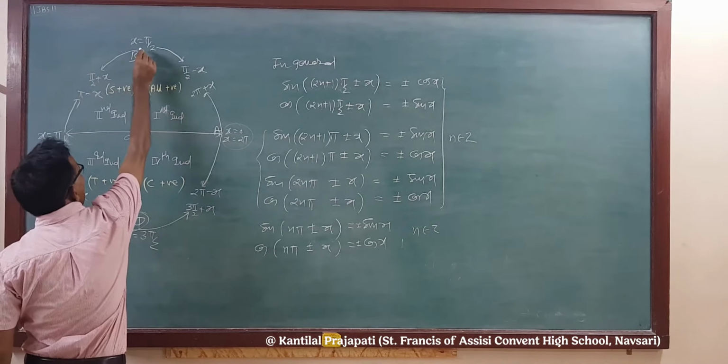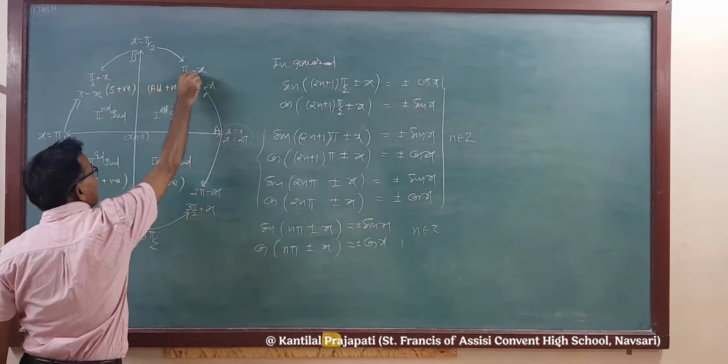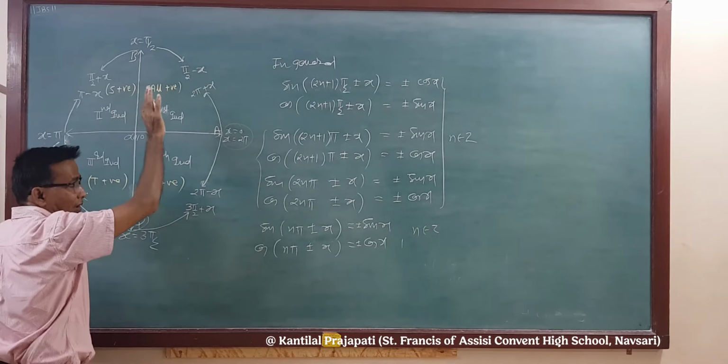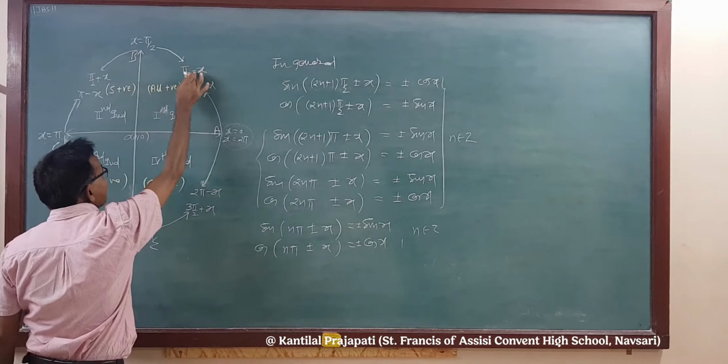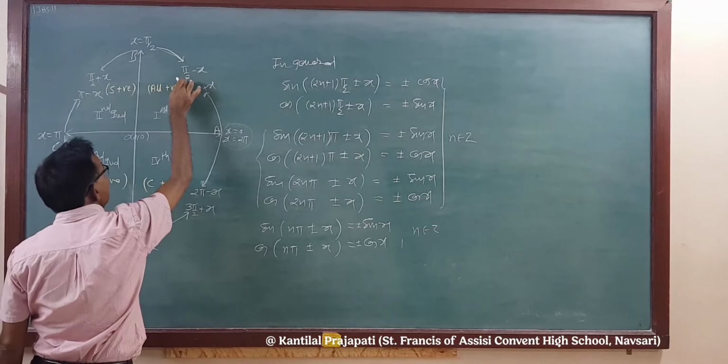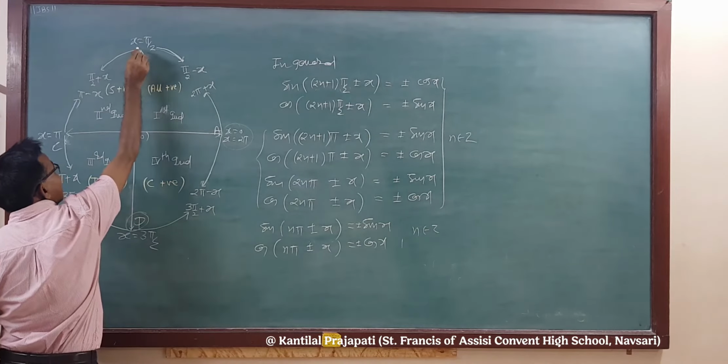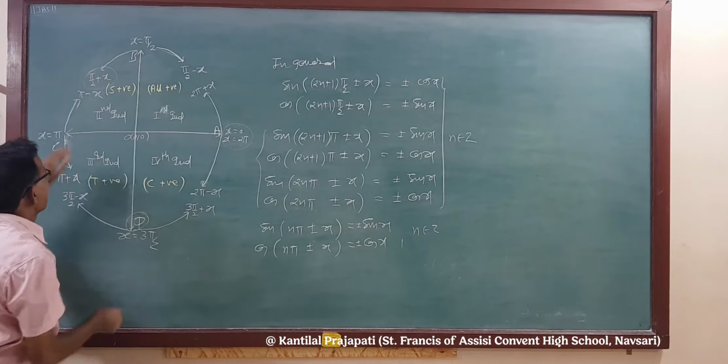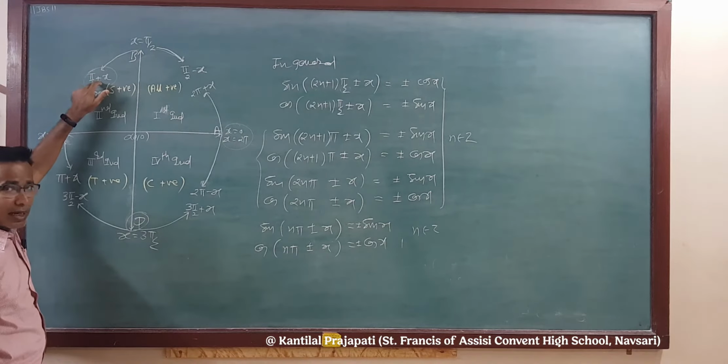From B, that is at π/2, we move into the first quadrant where x is an acute angle. So what is it? π/2 minus x. We move in a clockwise direction, right? From point B, that is from π/2, we move in an anti-clockwise direction, so we get the second quadrant, that is π/2 plus x.